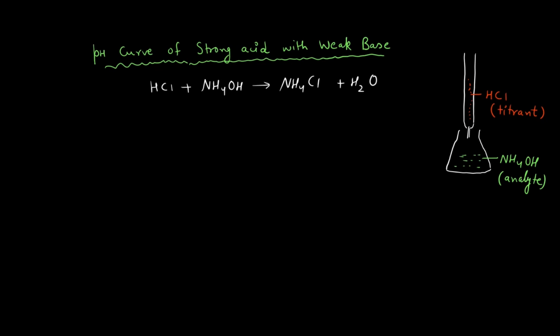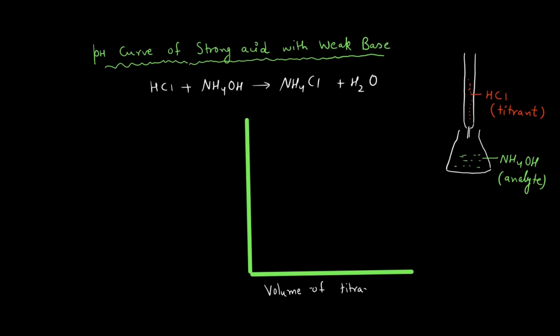So let us draw the pH curve for this titration. This is my x-axis, and on the x-axis we are going to draw the volume of titrant.